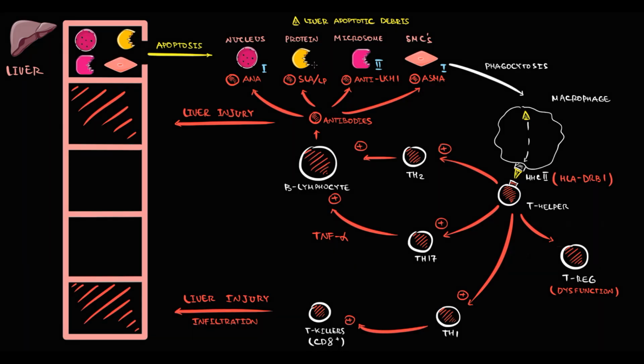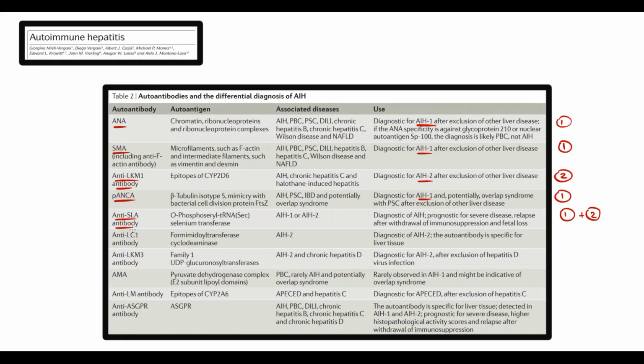So antibodies against soluble liver antigen liver pancreas tell us about the presence of autoimmune hepatitis, but they do not tell us about the type of autoimmune hepatitis because they are present in both types. There are also other less common antibodies, such as anti-LC1 antibodies or anti-liver-kidney microsome type 3 antibodies. They are typically positive in type 2 autoimmune hepatitis.